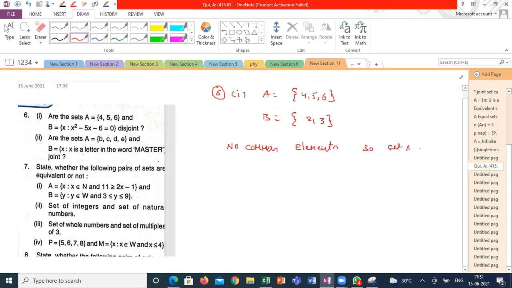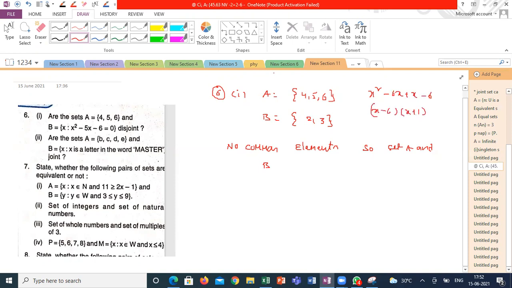So set A and B, there is a common element, sir. What? Sir, 6, sir. How is 6 a common element? Sir, B is actually 6 and -1. x squared minus 5x minus 6 can be written as x squared minus 6x plus x minus 6, so x minus 6 into x plus 1.